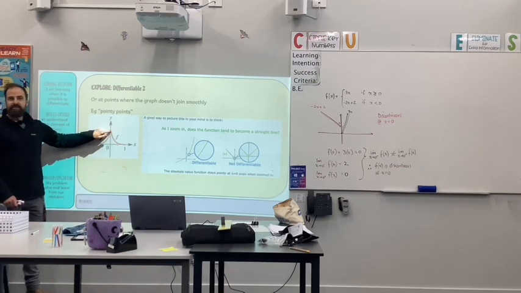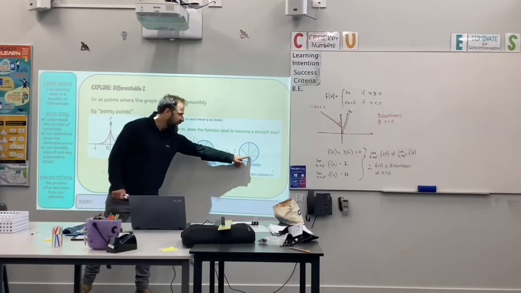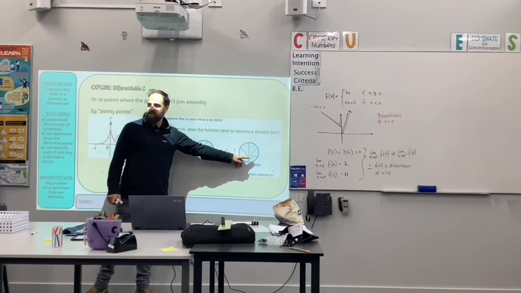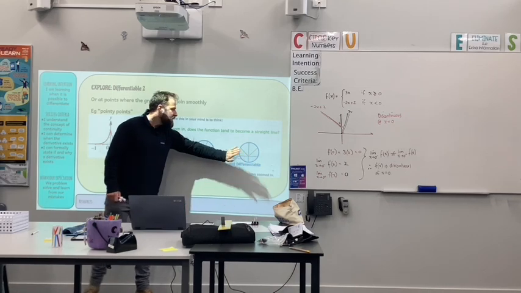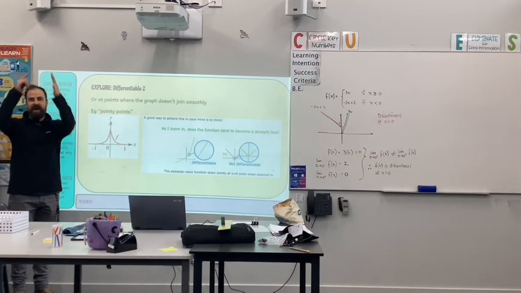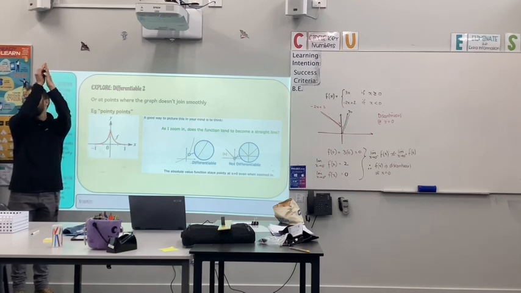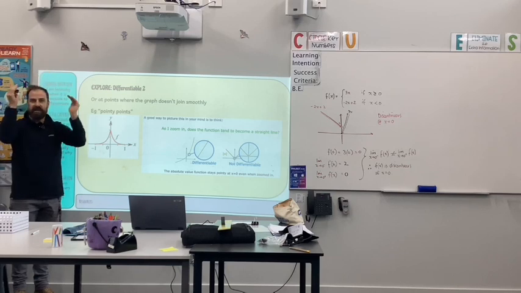These are what I call pointy points. All right? There's not a smooth transition. Pointy points occur often with modulus graphs or absolute value functions, okay? Derivatives don't exist at pointy points, and it has to do with how that rate of change actually transitions from being a positive value to a negative value instantaneously without having a smooth 0 in between.